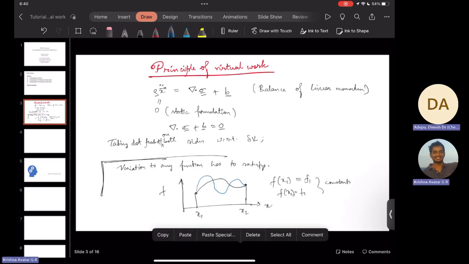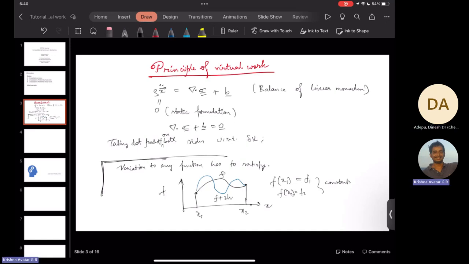So h is the perturbation, and to get used to it, we'll always denote variations as delta f. This means that it's a variation to function f. Now what we see, even from this schematic here, is that after introducing the perturbation, the values change at every point except for x1 and x2.